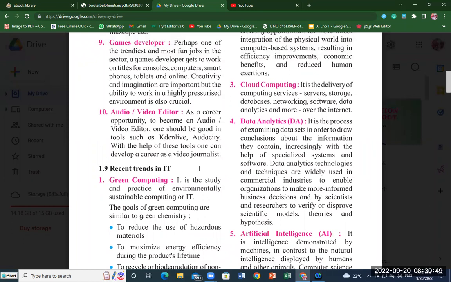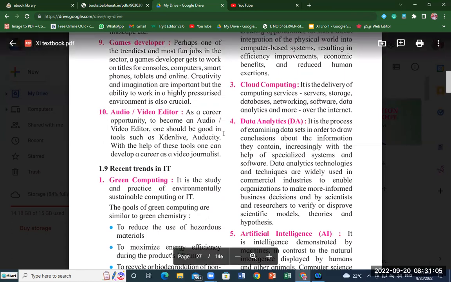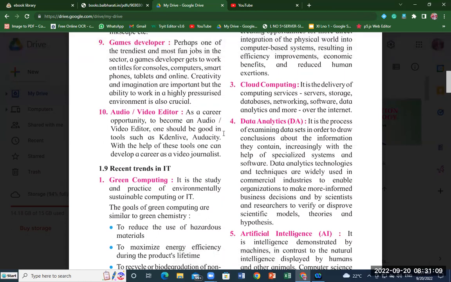Audio video editor. We can see that because of the corona period, the number of videos uploaded on YouTube has increased drastically, right? Why is that? Because of the editors. Some editors were free, so they had time to do all these things.